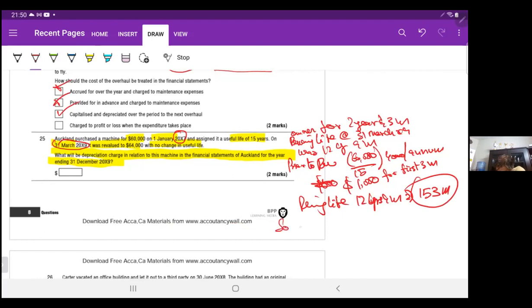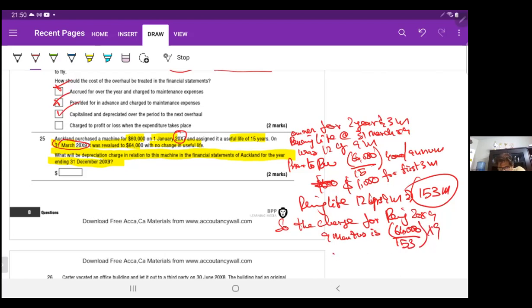So the charge for the remaining 9 months of 20X9 is 64,000 divided by the overall months, 153, and we multiply for 9 months.